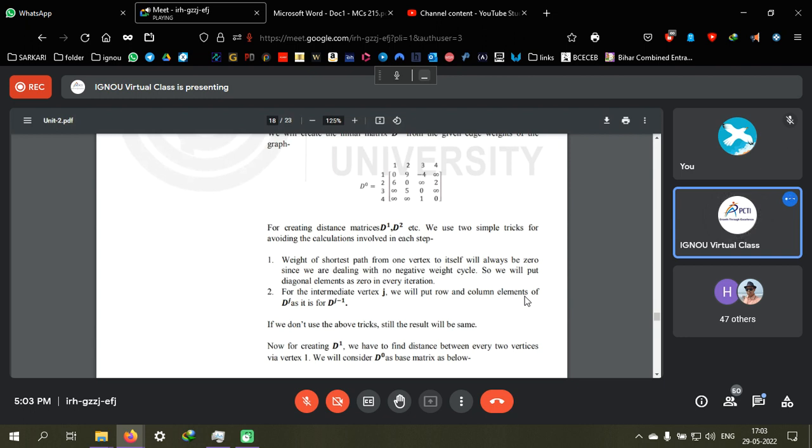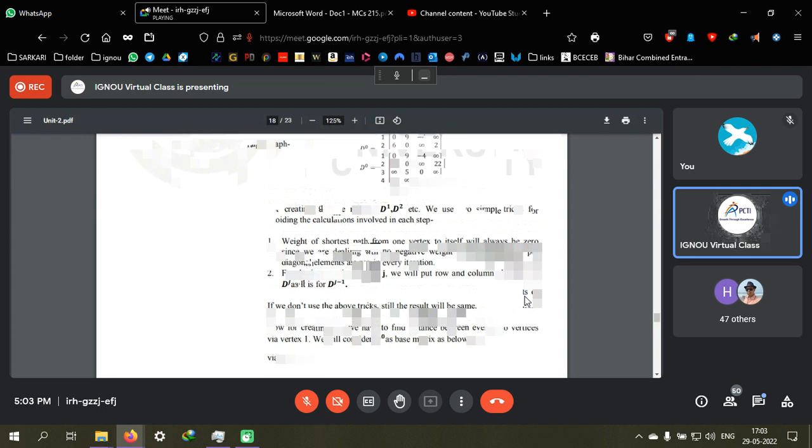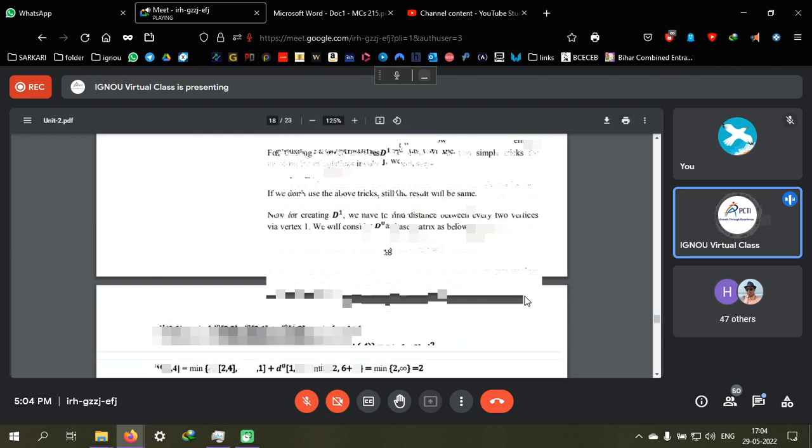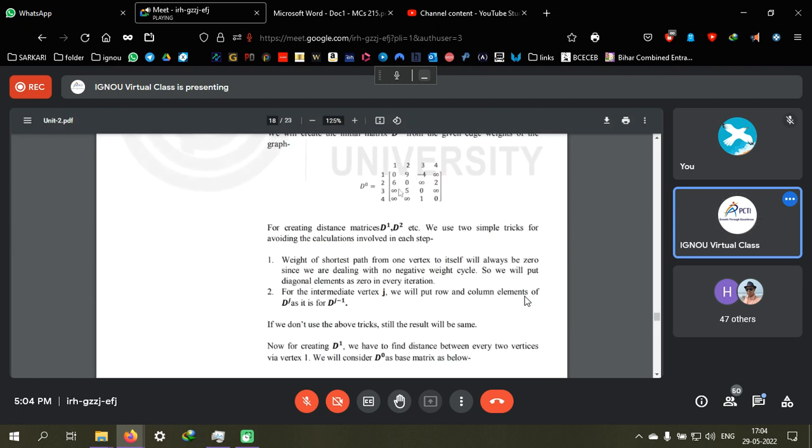So for the intermediate vertex j, we will put the row and column element of Dj as it is from Dj minus 1. For example, if I want to compute this infinity value, that means 2, 3.